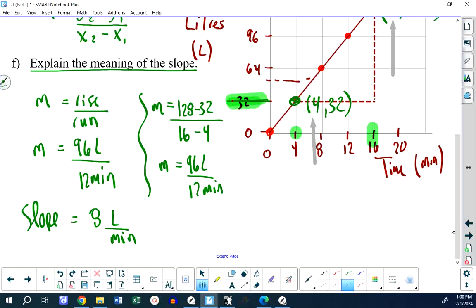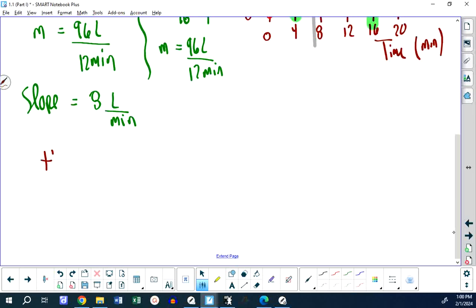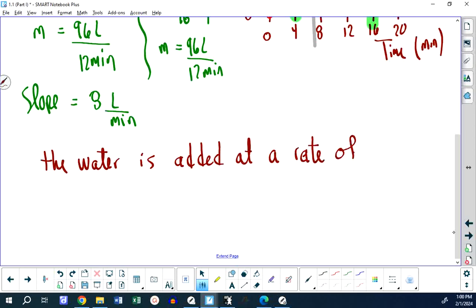What this is telling us is the water is added at a rate of 8 liters per minute.